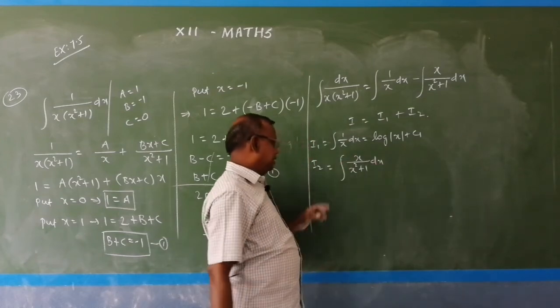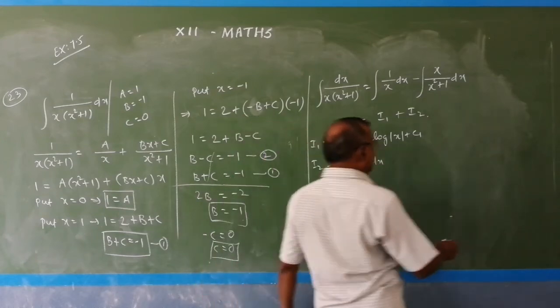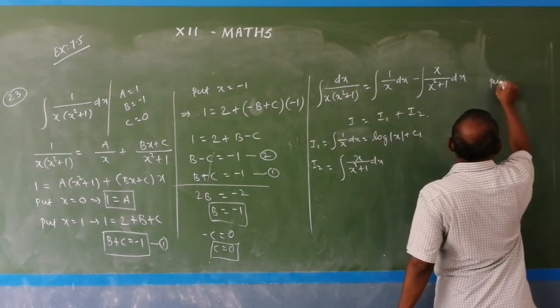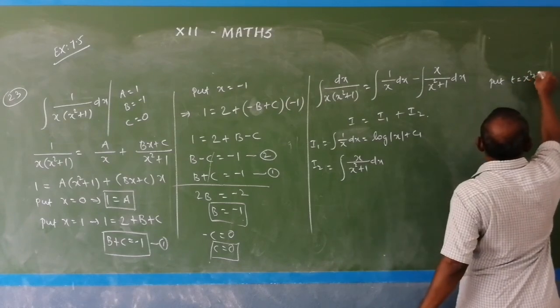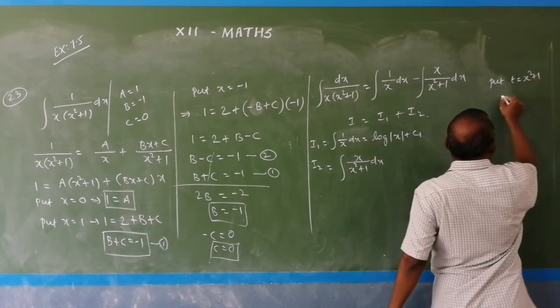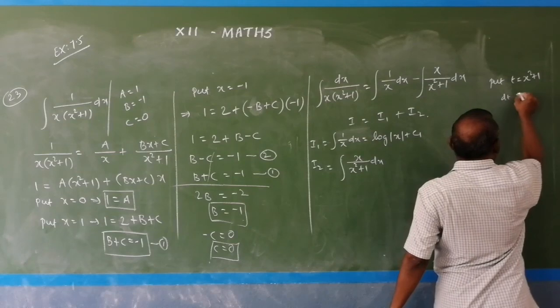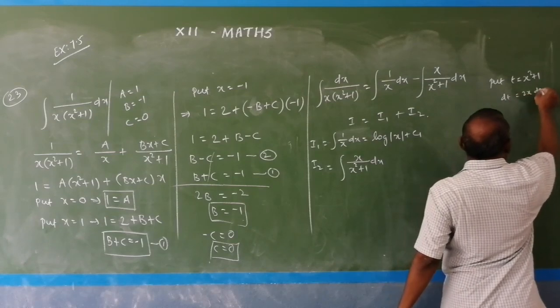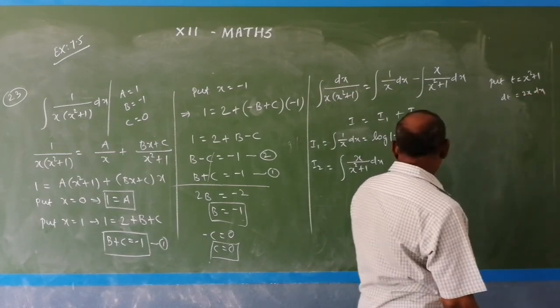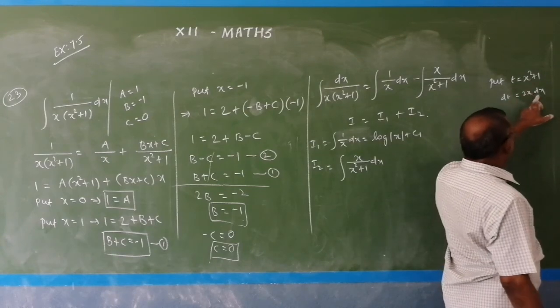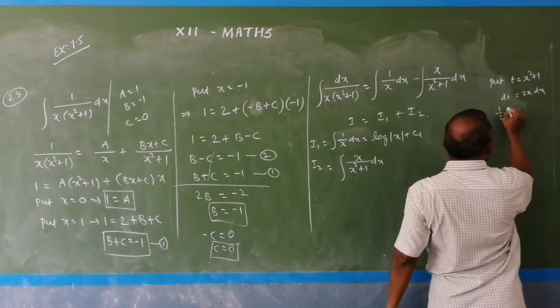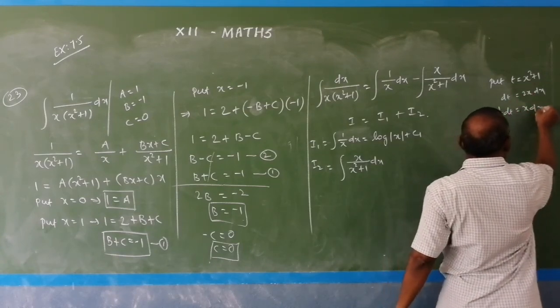We substitute t. Put t for I2, that is x square plus 1. t equal to x square plus 1, differentiating on either side, dt equal to 2x into dx, or 1 by 2 dt equal to x into dx.